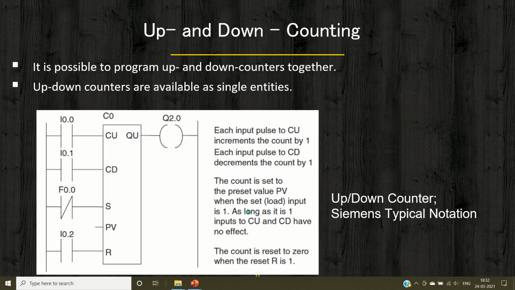So the count is set to the preset value PV when the set or load input, this is the S input, is 1. So in order to load your counter with the value of your wish, that means your programming value, you should keep this S high. Finally, there is the reset input. Whenever it is high, all the counts are taken to 0.